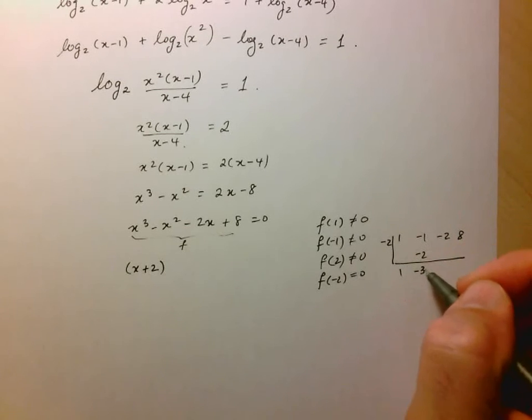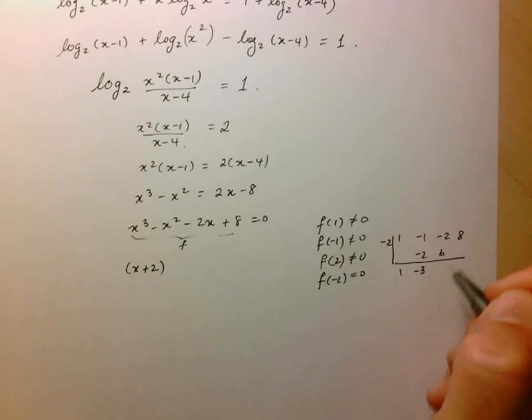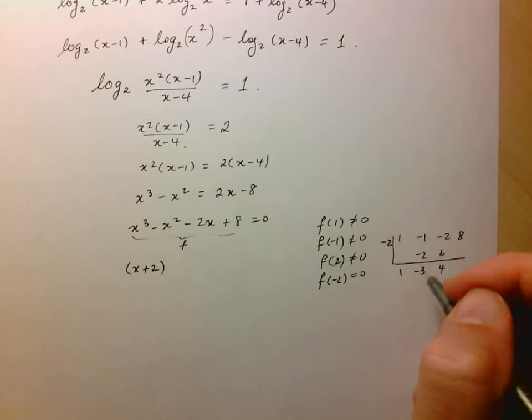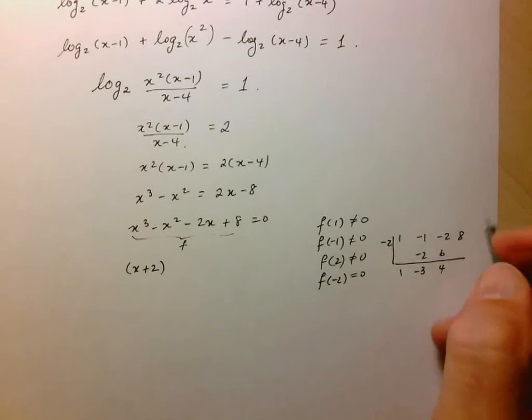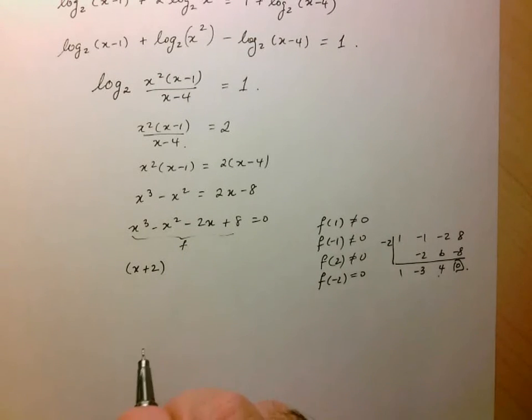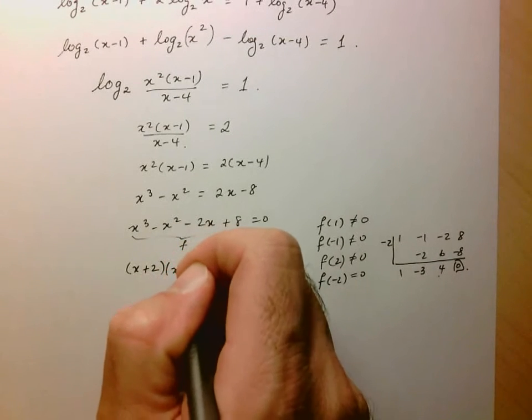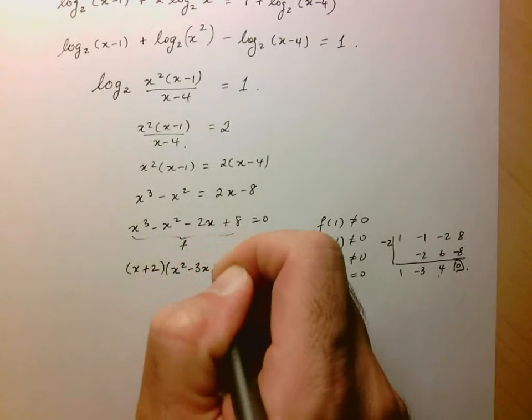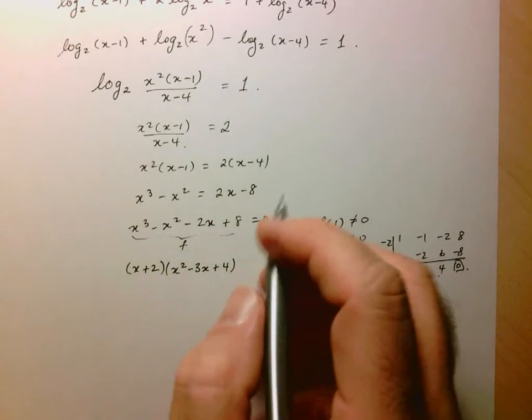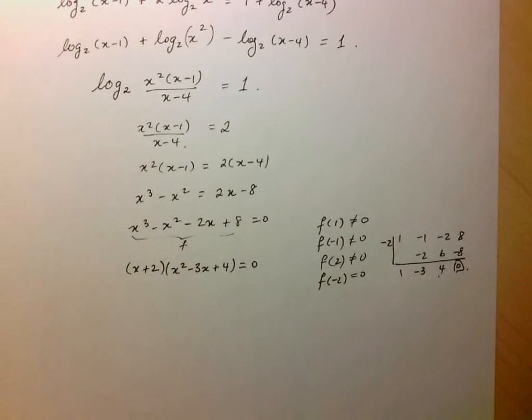So this becomes positive 6. Negative 2 plus 6 is 4. And just to check for good measure, negative 2 times 4 is negative 8, so we get 0 as our remainder, as we need. This means our second factor is going to be x squared minus 3x plus 4, and of course this is still equal to 0.